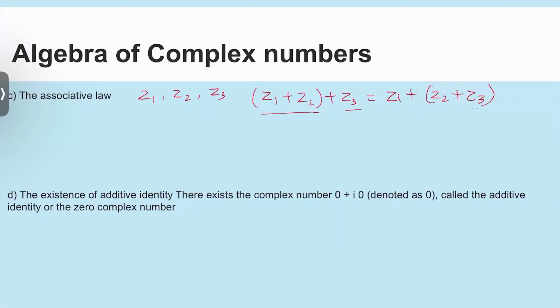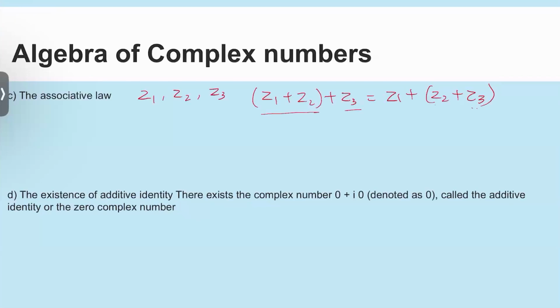So for example, we will see an example over here, since there is not much space. For the associative law, we will try to see if it holds good by taking an example: (Z1 plus Z2) plus Z3 and Z1 plus (Z2 plus Z3).